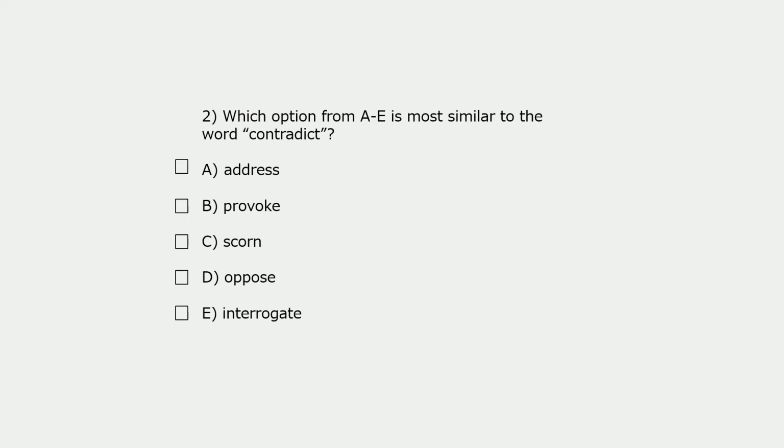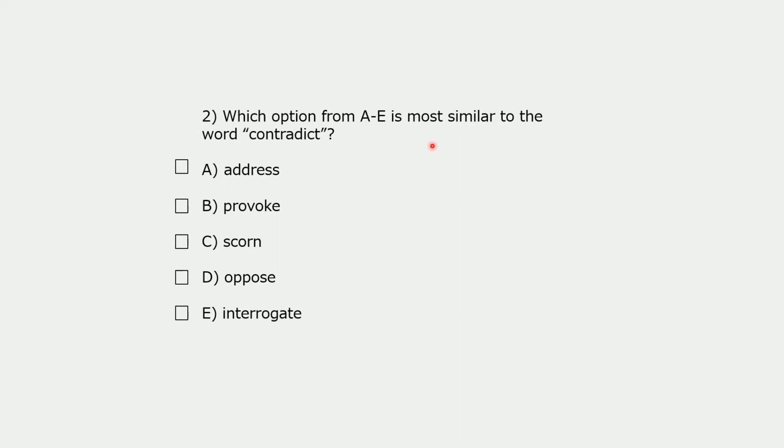Now, question 2. Which option from A to E is most similar to the word contradict? Is it A, address, B, provoke, C, scorn, D, oppose, or E, interrogate?